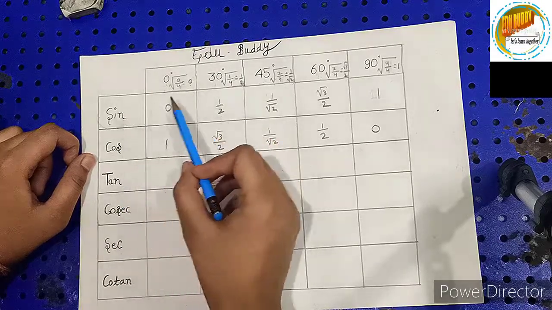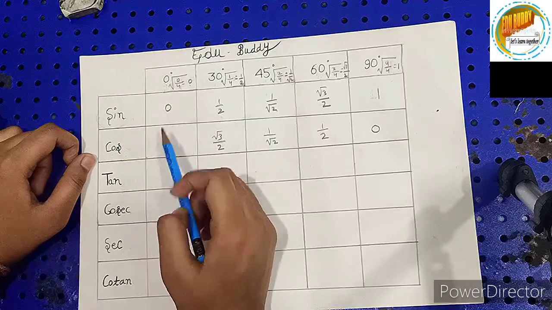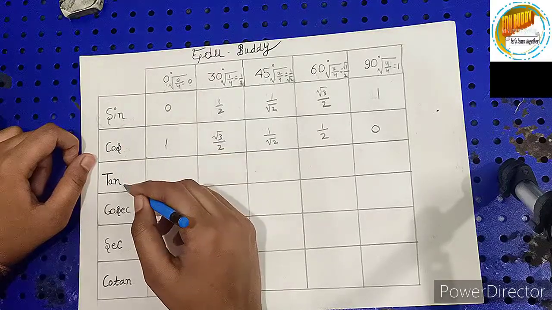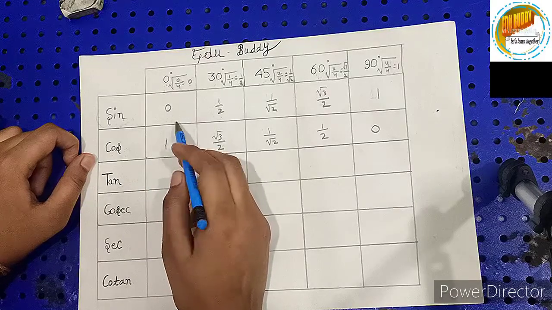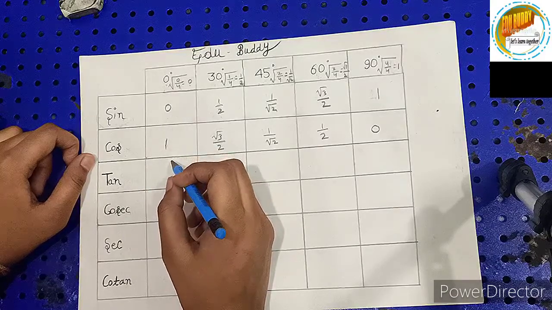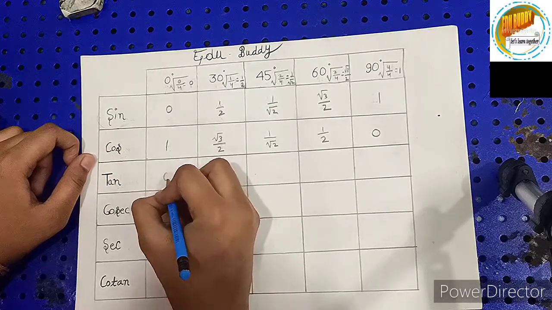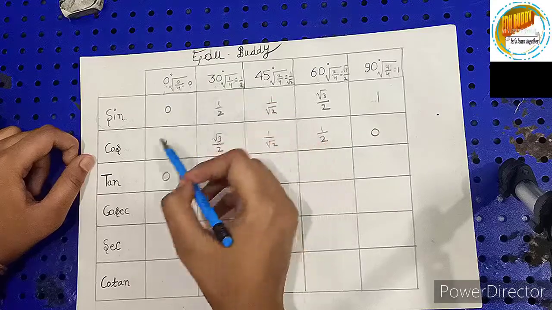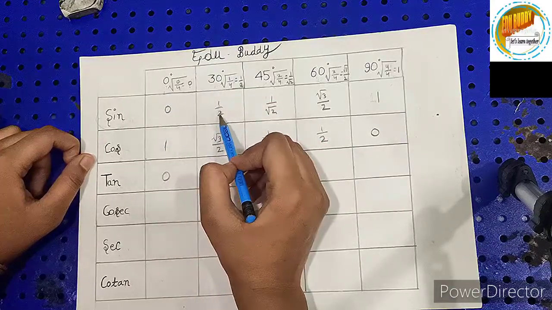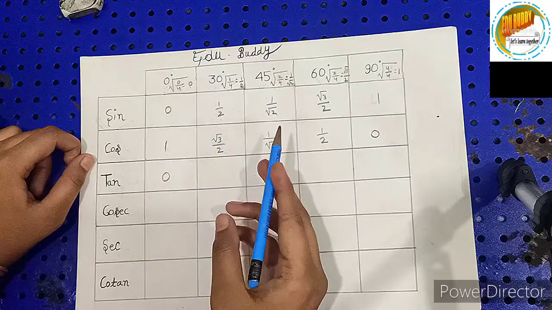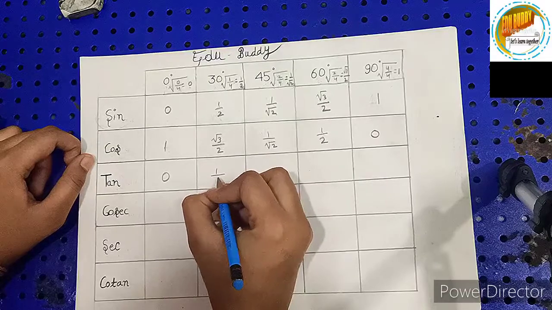We will divide sine 0 degree by cos 0 degree to find the value of tangent 0 degree, which is 0 by 1, that is 0. Now tan 30 degree is equal to sine 30 degree divided by cos 30 degree which is 1 by root 3.